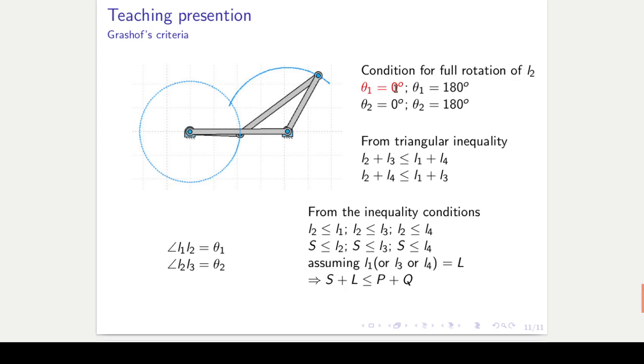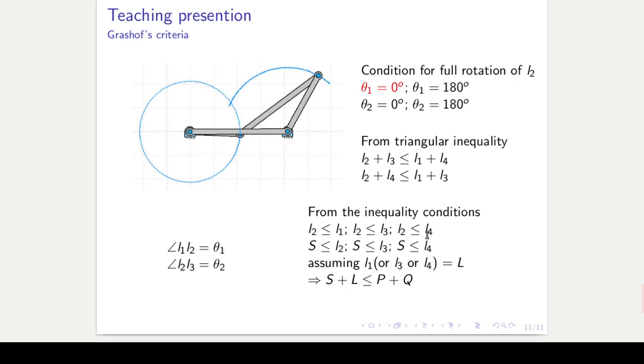By imposing this condition, I will have this triangle, and again I am going to use the triangle inequality for this triangle, which will give me these two inequality equations. Using these three inequality equations, I could obtain these three relations.